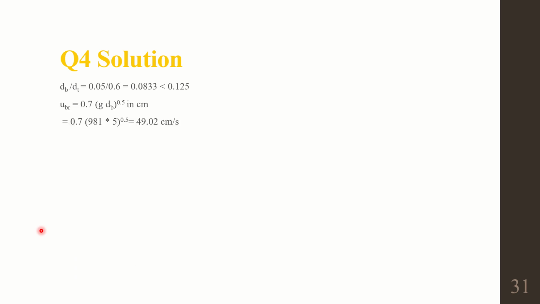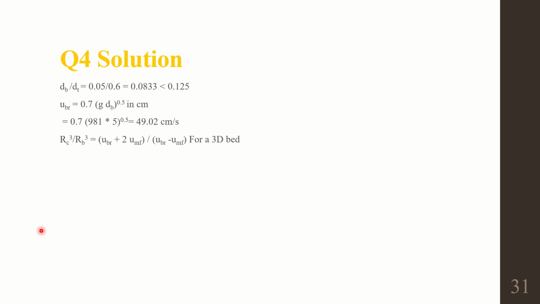If we substitute all the values in the equation, UBR is equal to 0.7 into square root of g into dB. We know g as 981, dB as 5, and we are getting UBR as 49.02 centimeter per second.